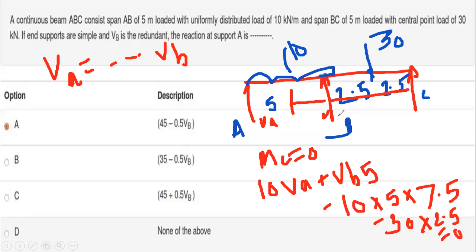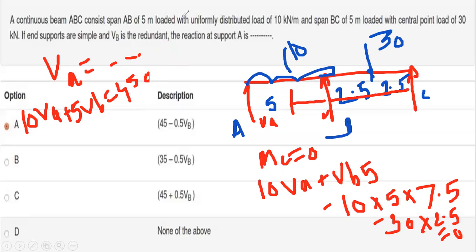So what we get here, 10 VA plus 5 VB is equal to 450. Right hand side is equal to 450. Now what we want is VA in terms of VB.